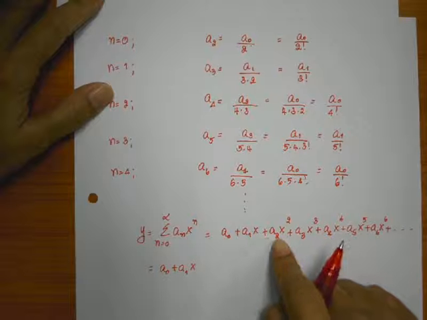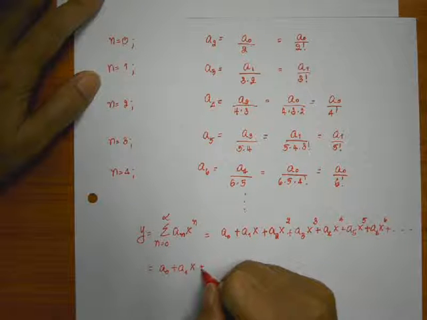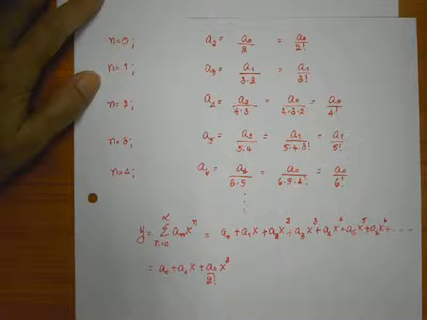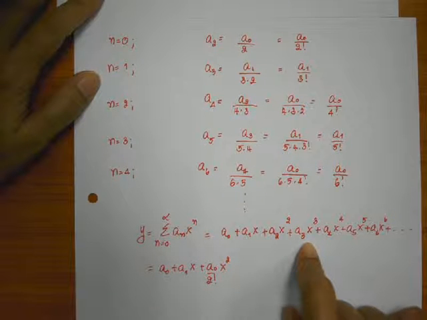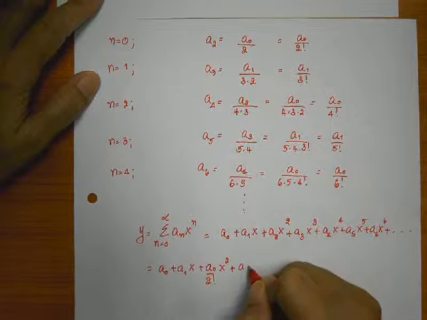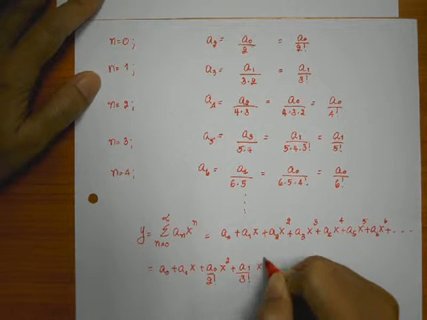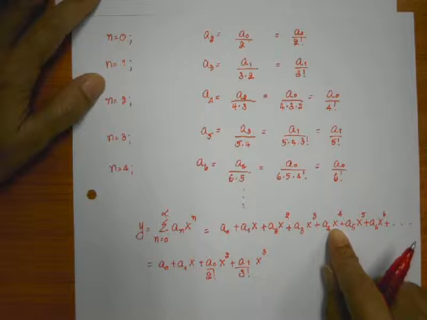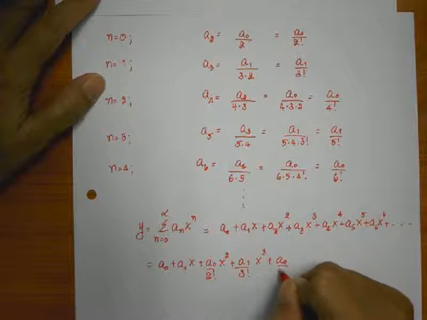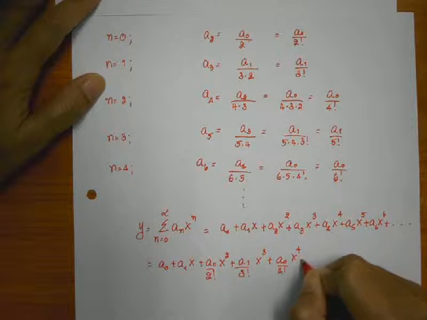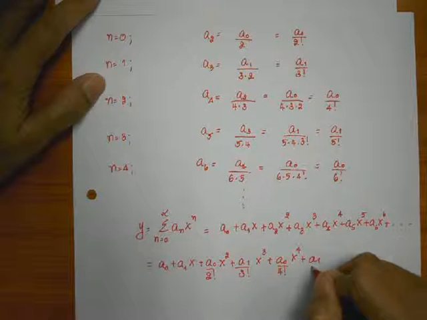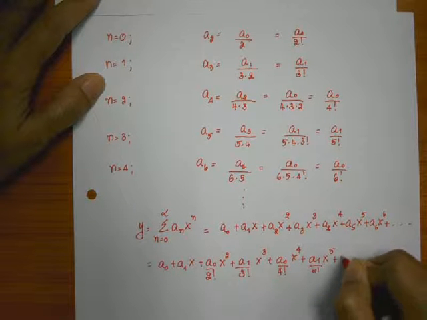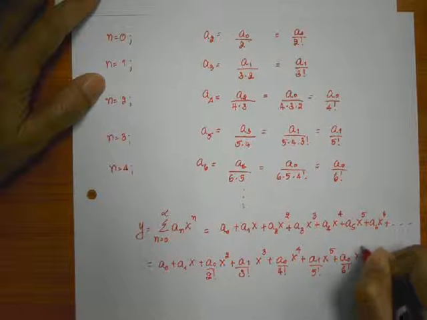Now our a2 is equal to a0 divided by 2 factorial x to the power 2, right? And our a3 equal to a1 divided by 3 factorial x to the power 3. And next is our a4. a4 is equal to a0 divided by 4 factorial. And a5 is equal to a1 divided by 5 factorial. And a6 is equal to a0 divided by 6 factorial, and so on.